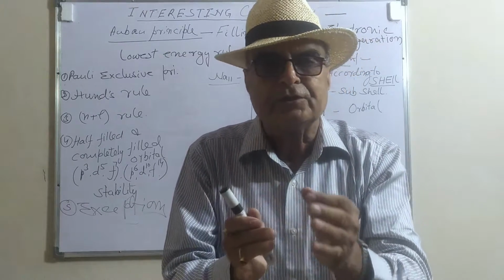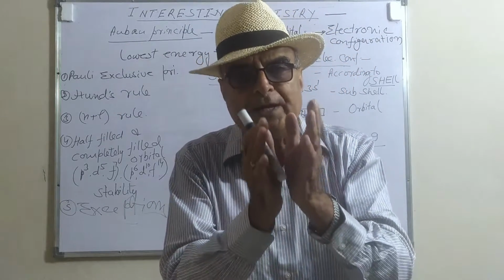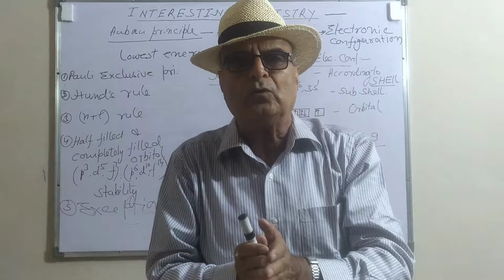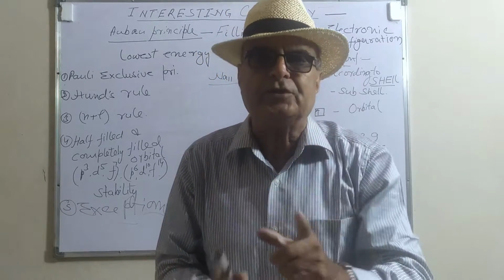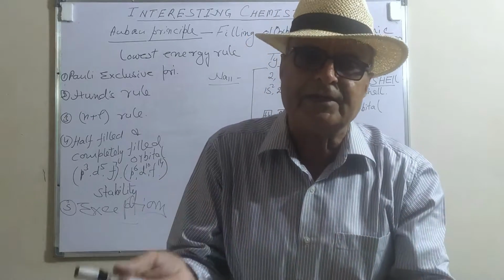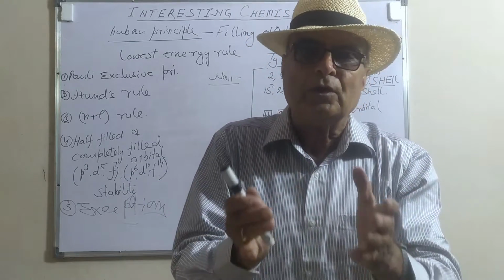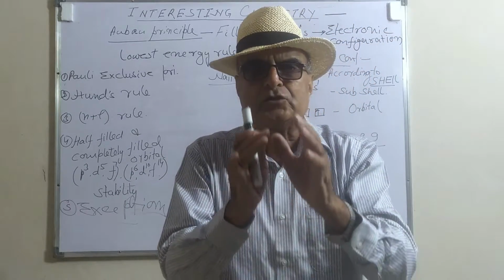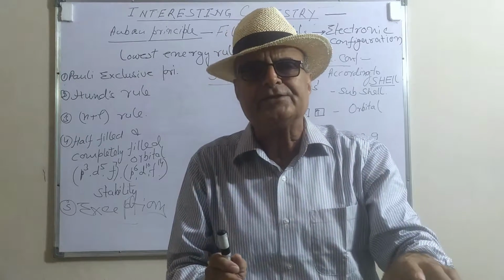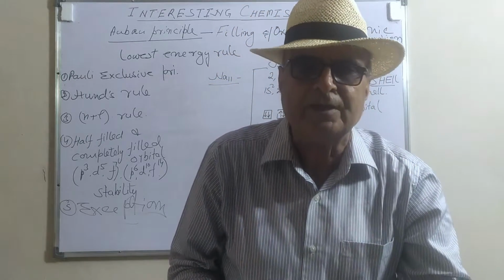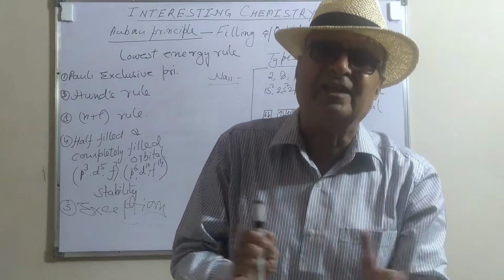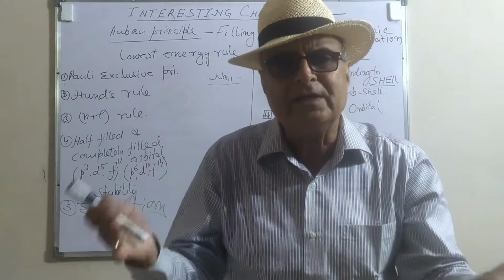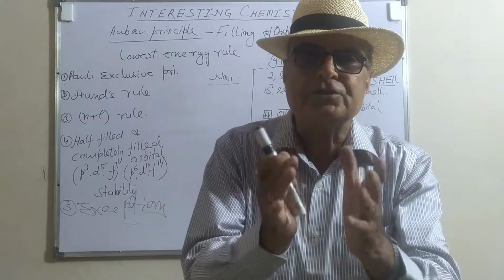It means the coming, or entering, electron will acquire that orbital which is lower in energy. So the orbitals which are lower in energy will be filled first, and the orbitals that are higher in energy will be filled later. So it is the rule.